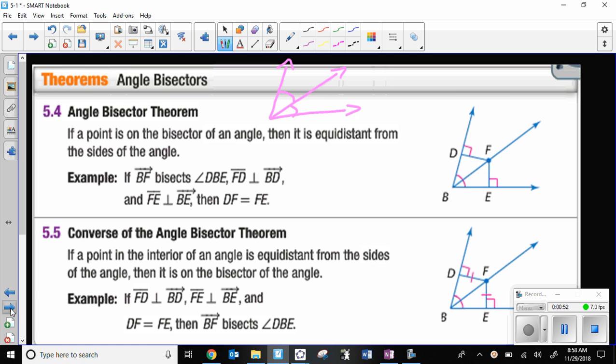First off, if I'm dealing with an angle bisector, I'm looking at the top picture up here. I first know that this angle has to be congruent to this angle.